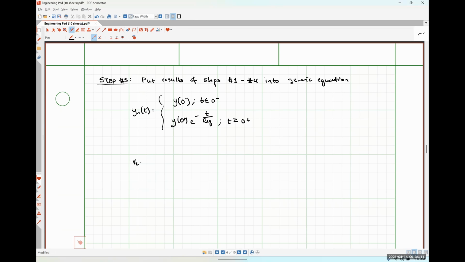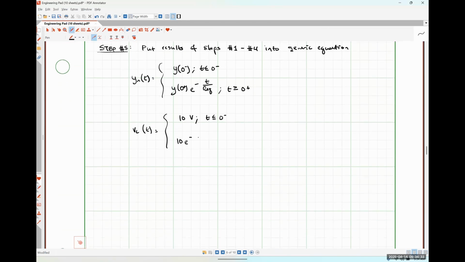So for our capacitor voltage, this is going to look like 10 volts for t less than or equal to 0 minus, and then 10 e to the negative, so let me multiply this guy by 5, and then I do 1 over that, 1.241 times 10 to the minus 3 t volts for t greater than or equal to 0 plus.